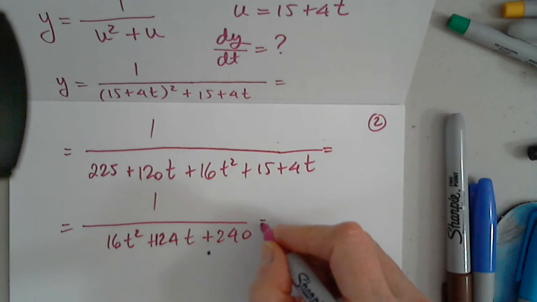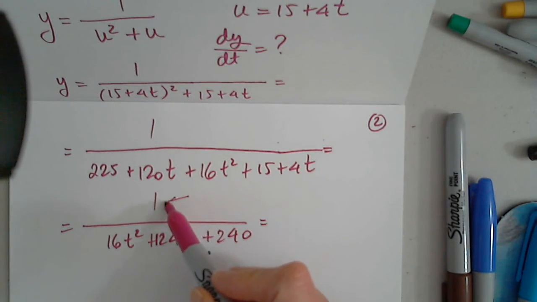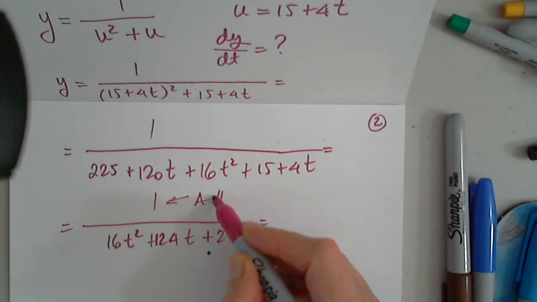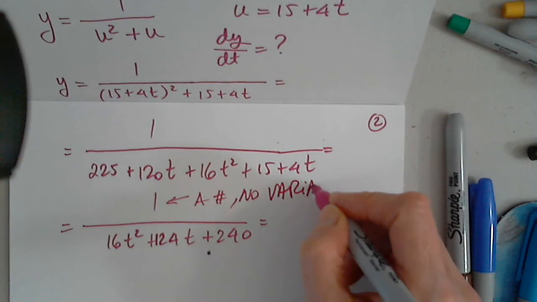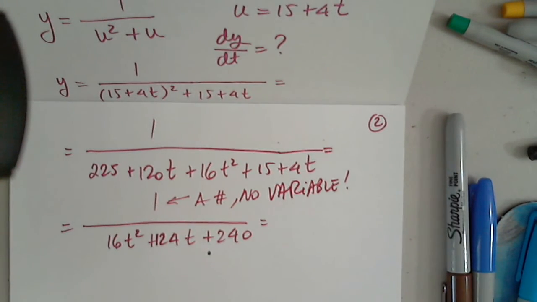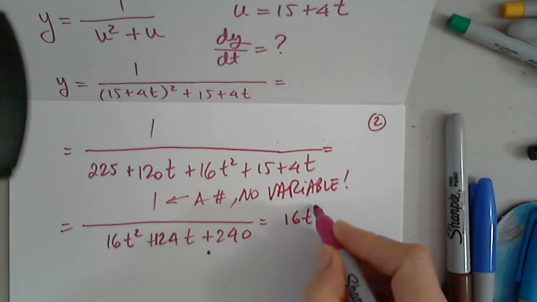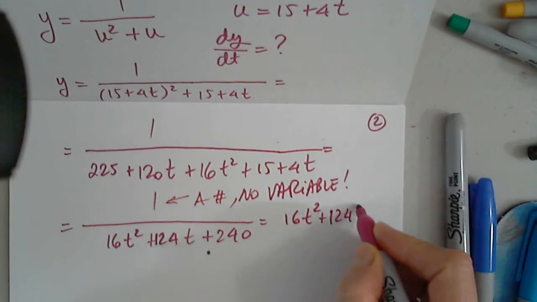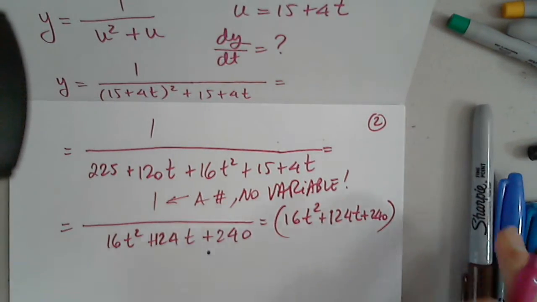I still have one more preparation for this. I don't want to use the quotient rule when the numerator is a number, no variable. I'm not going to use the quotient rule. But then what I am going to do is this: 16t squared plus 124t plus 240, everything raised to which power?